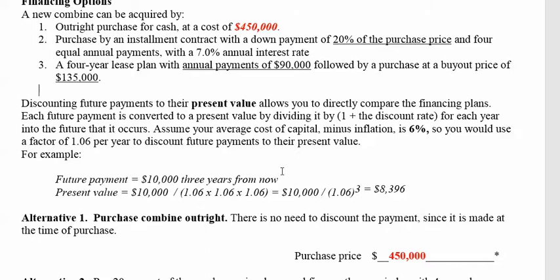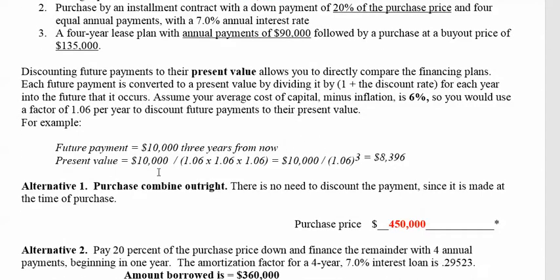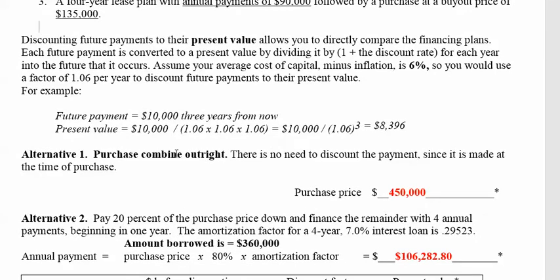You have the present value table from last week's assignments on time value of money. But anyway, we will use this method here, discounting by dividing by 1 plus the discount rate. Let's go ahead and try to solve these problems.